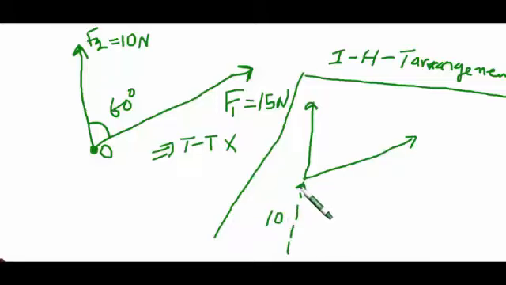We are bringing the head of 10 to the tail of the 15. So this is our 15. So in this arrangement, they are in head-to-tail arrangement. So when we do that successfully, our resultant is just this third one. Okay, this third one is our resultant.